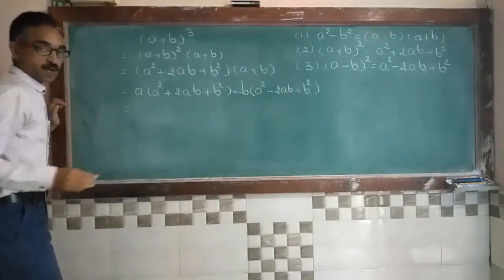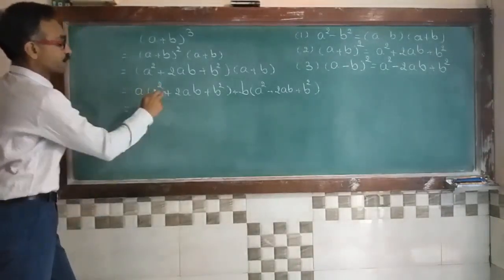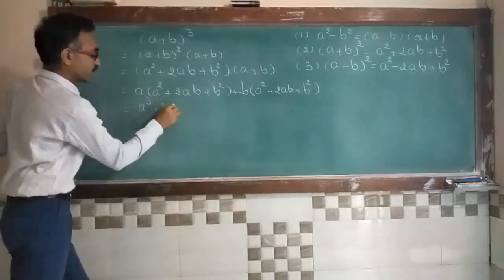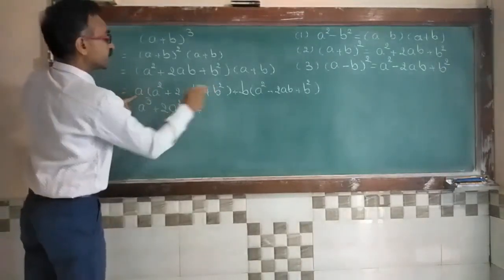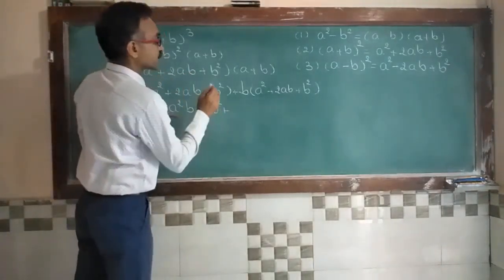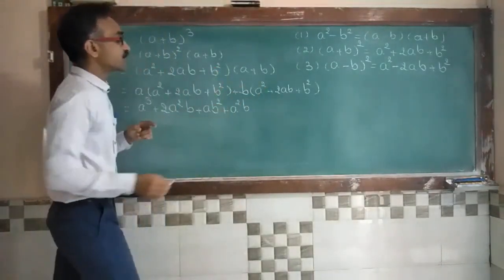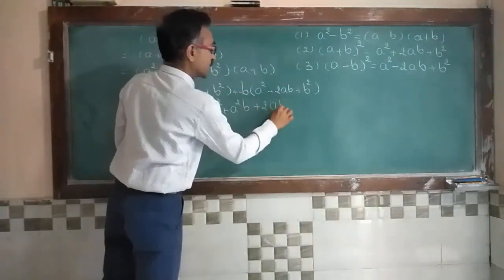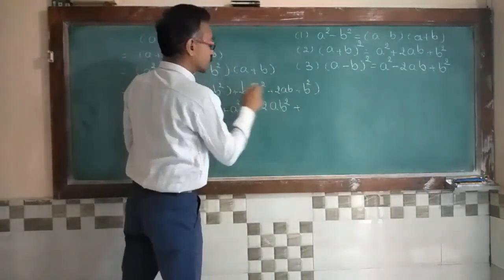Now multiply: a into a square, that means a cube, plus 2ab into a, so 2a square b. Same thing here, a into b square, that means ab square, plus again b into a square, that means a square b, plus 2ab into b, that means 2ab square, and plus b square into b, that means b cube.